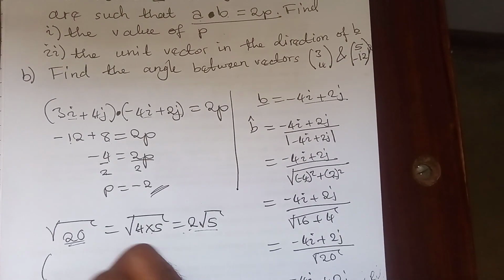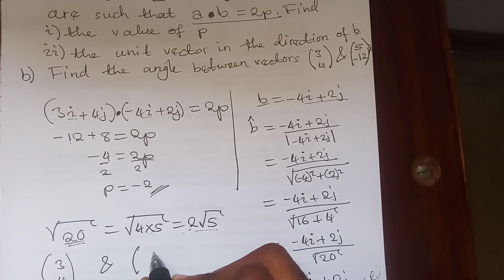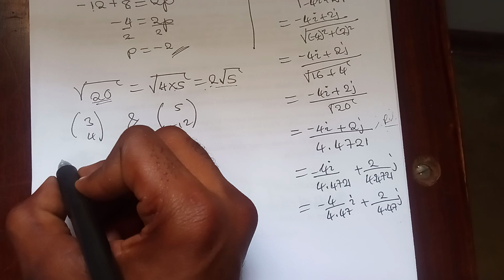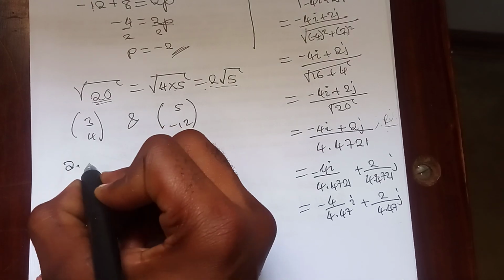And then on part B, find the angle between the vectors. So we have column vectors 3, 4, and 5, minus 12. To find the angle between these two, you can just say the dot product.